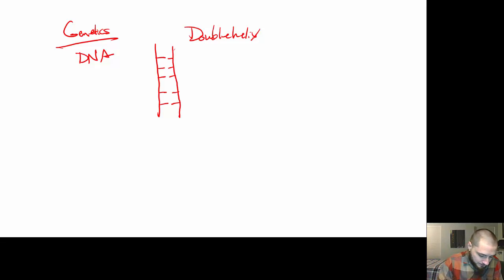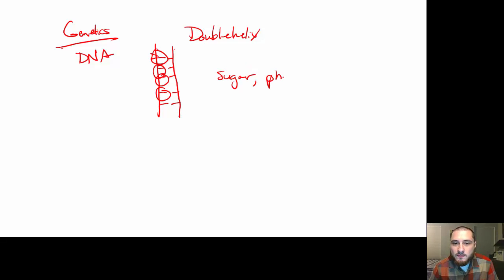Now, what we can do is we can look at what are these things made of? How is DNA made up? Well, a segment of DNA, if you take this area right here, because we have these different segments, and what you have is you're going to have an area where there is a sugar. So we have a sugar, and then you're going to have an area which is a phosphate group.